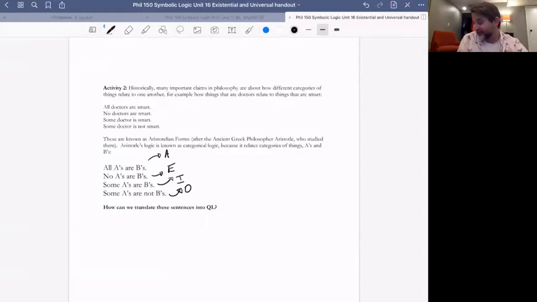Well, the fact is, if we want to say all doctors are smart, what we need to say is that for all things X, if X is a doctor, then X is smart. For the second form of the sentence, no doctors are smart.